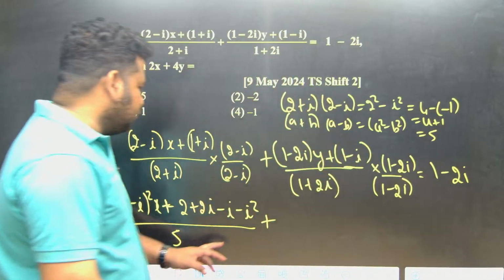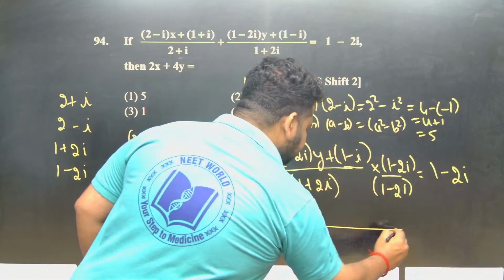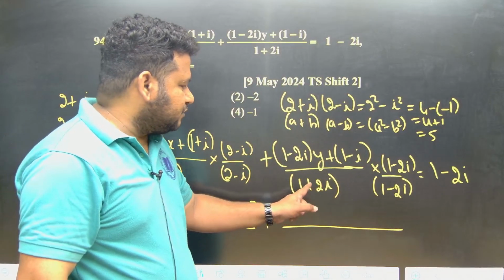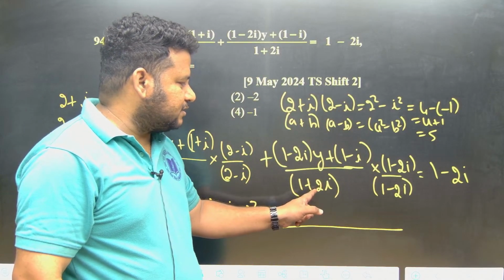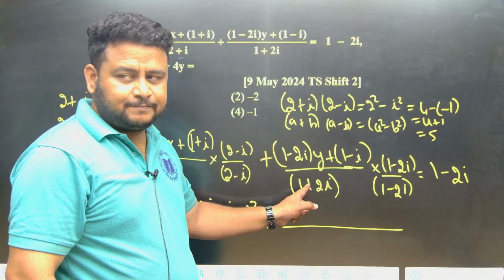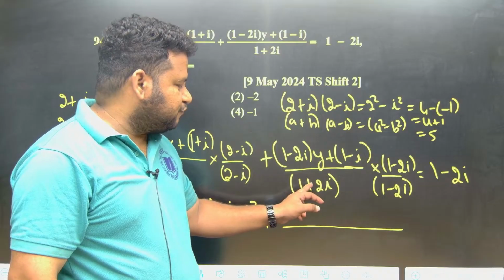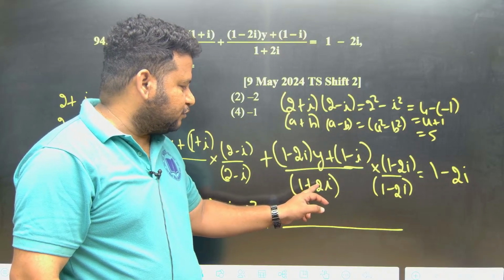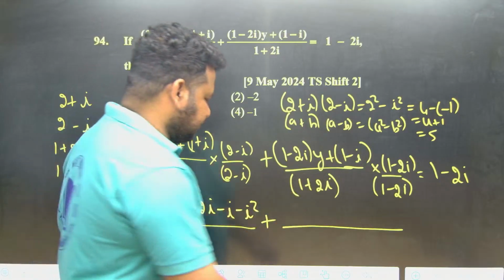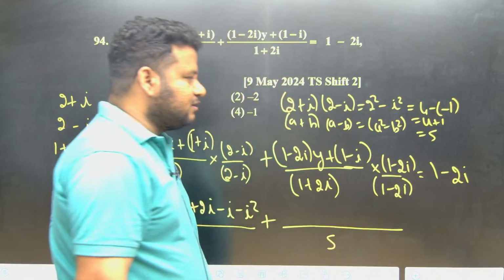Similarly, if I look at this denominator, 1 + 2i and 1 - 2i, it is 1 square minus (2i) square. (2i) square is 2 square i square, so 2 square is 4, and 4 into minus 1 is minus 4. Minus of minus 4 is plus 4, plus 1 is 5. This will also be 5.